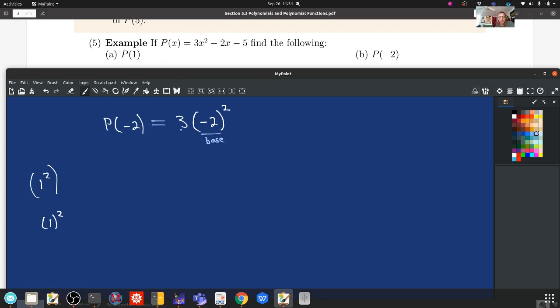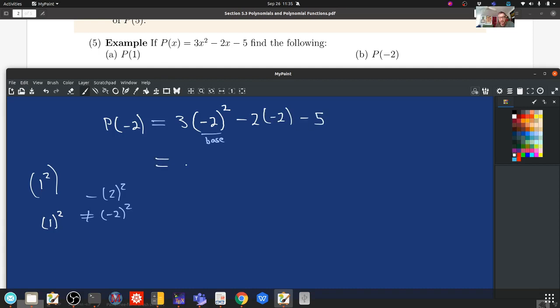And that's what deals with this little expression that I wrote here. If the base is negative and I'm raising it to an exponent, I need to enclose the entire base in parentheses to indicate that that's the base. So minus 2 squared is not the same as, in parentheses, minus 2 squared. So let's go on. I'm not going to deal with that any further. Minus 2, and x is minus 2, minus 5.